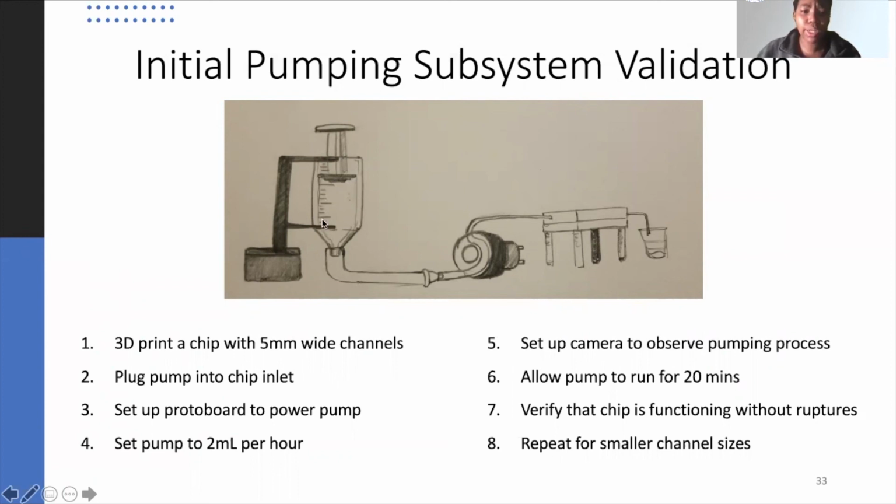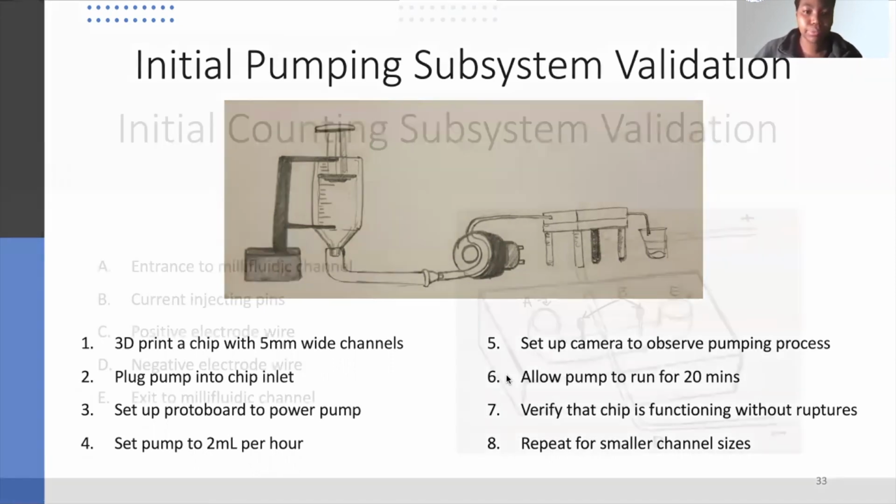Through the pump, we're going to put it in the syringe, pump it at 2 milliliters per hour. Have this pump run for 20 minutes. The idea being to observe that we can get constant flow rates, but also flowing it through the chips to ensure that the pump does not rupture the microfluidic chip. And then once this is done, we will repeat the experiment for smaller channel sizes.